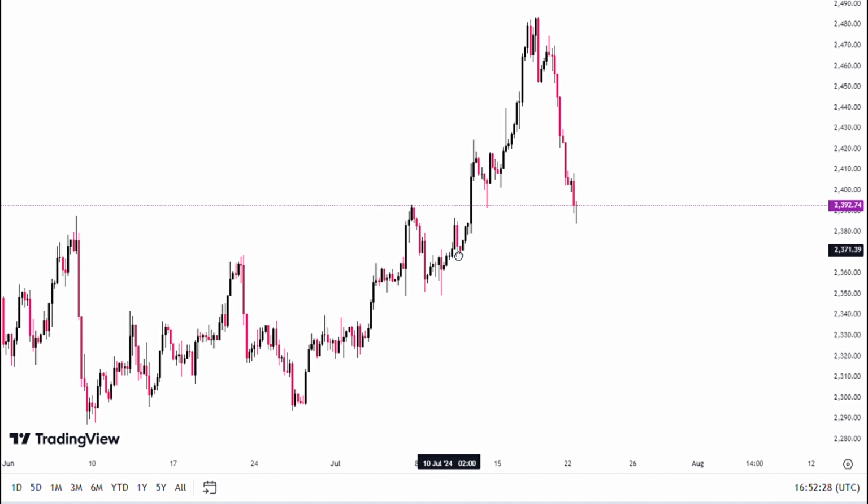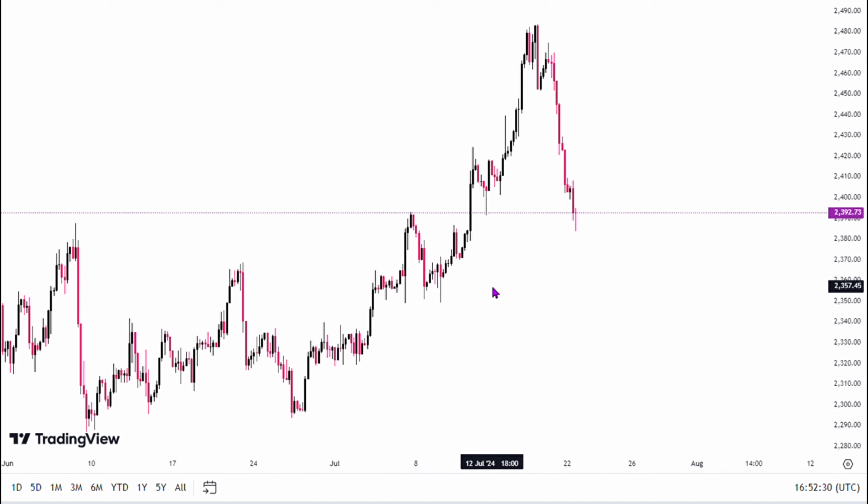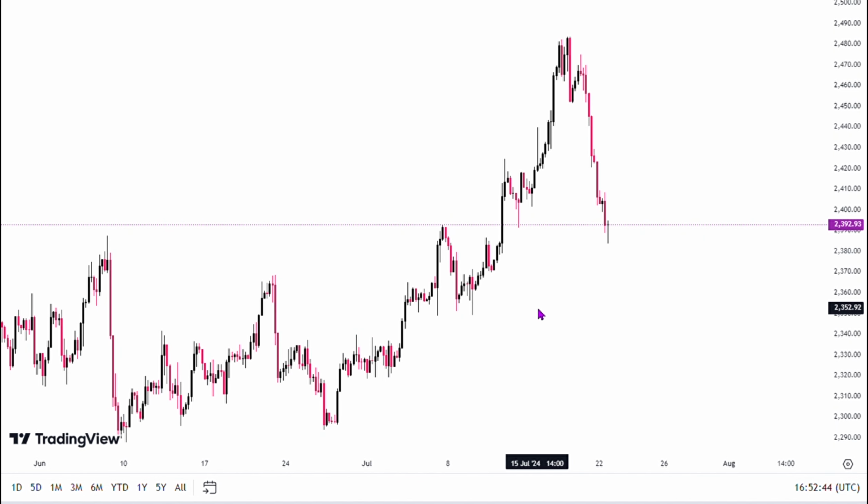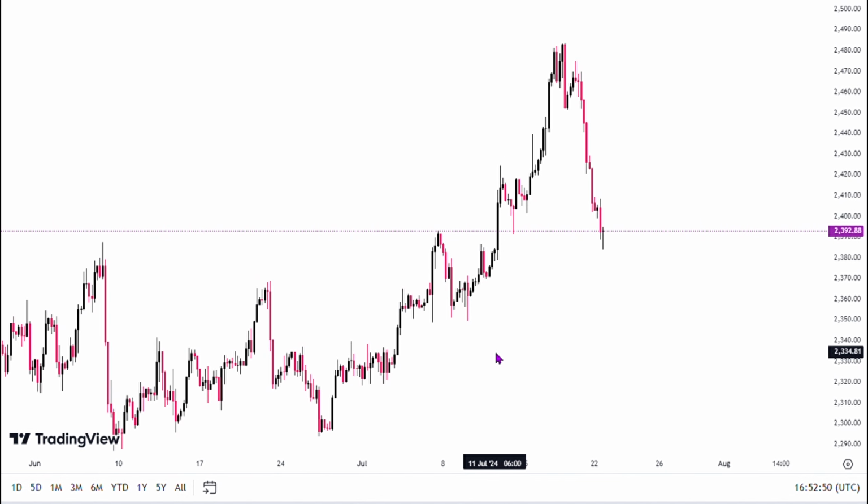So first thing you want to do when you are identifying fair value gap zone, you are looking for that idle space or an area within a 3-candlestick pattern where the first candle, its wick, and the third candle, their wick, are not overlapping within the space of the second candle, which is the expansion candle. So for the purpose of this video, we want to start identifying fair value gaps right away from this lower high into this higher high.